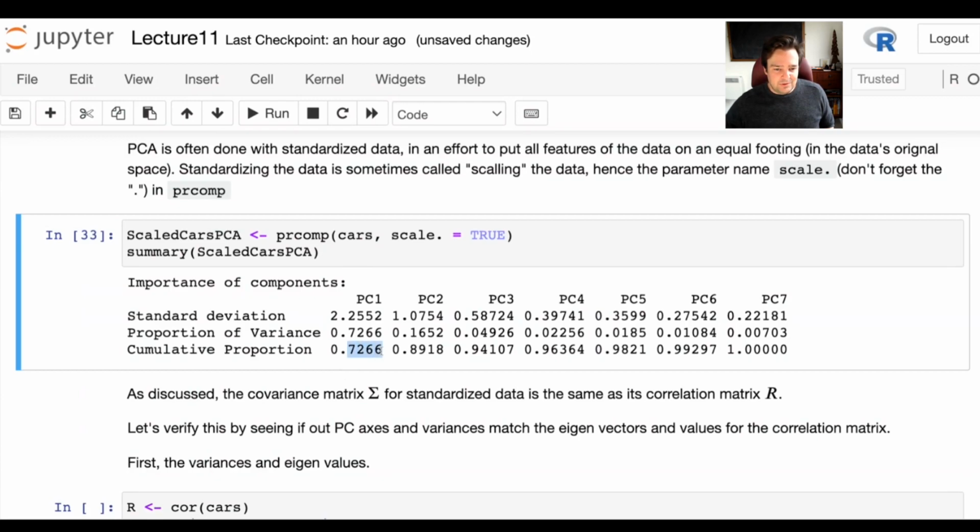And so this is a really, really different result, a totally qualitatively different result than if we had not used the scaled data. Now, does that mean that this is the right thing? It's hard to say. I think it's better for sure, because we haven't blown up one of the columns and made it ridiculously big compared to all the others.